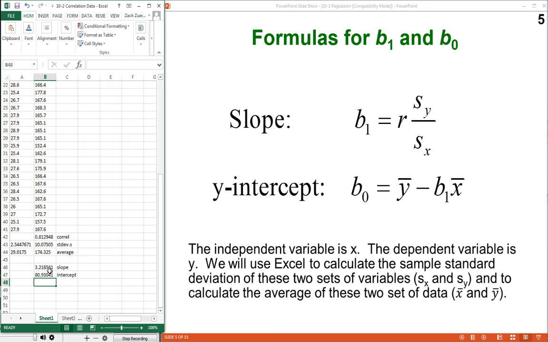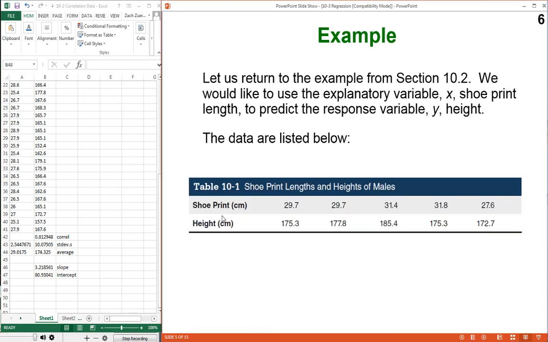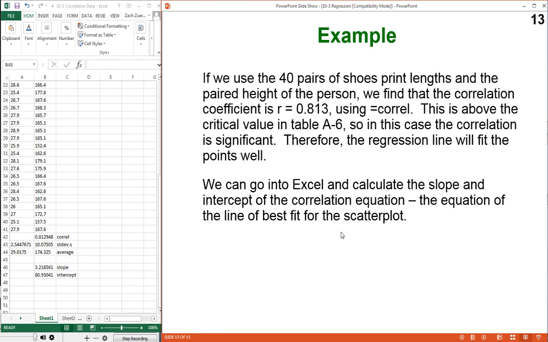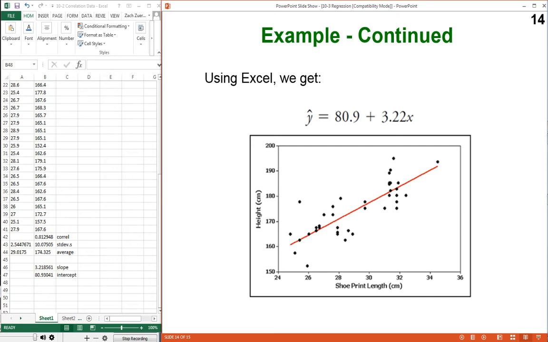Okay, 3.21 is the slope, and 80.93 is the intercept. Now back over here, you have 80.9 as the intercept plus 3.22x, where 3.22 is the slope.